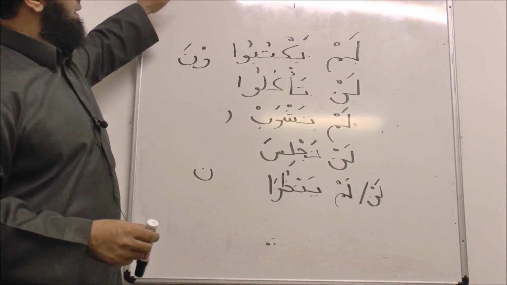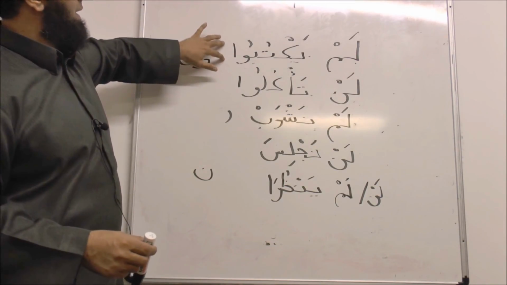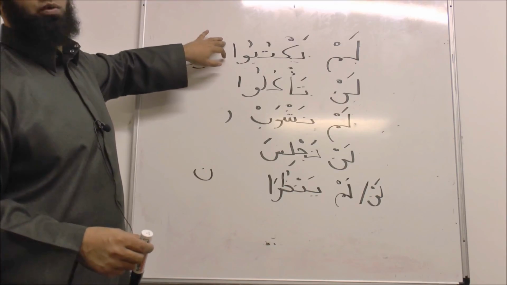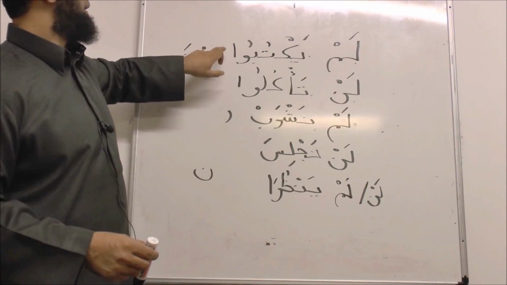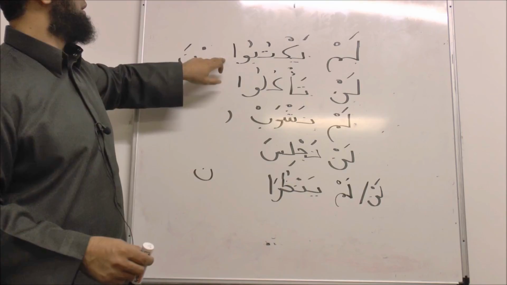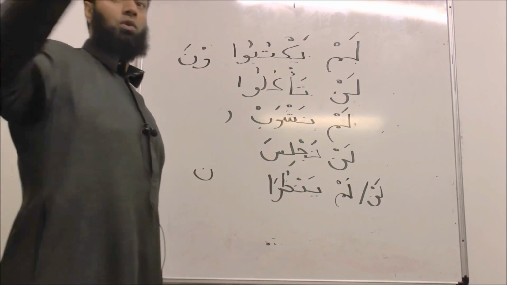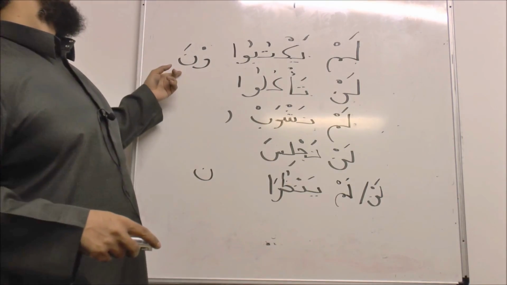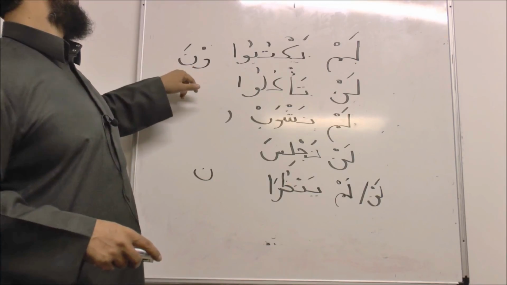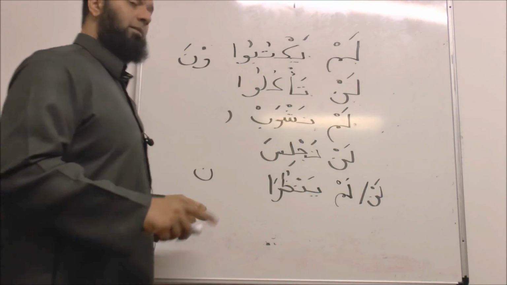So when it is male plural, either yaktubuna or ta'kuluna, they or you, we drop the waw and the noon and we write an alif.